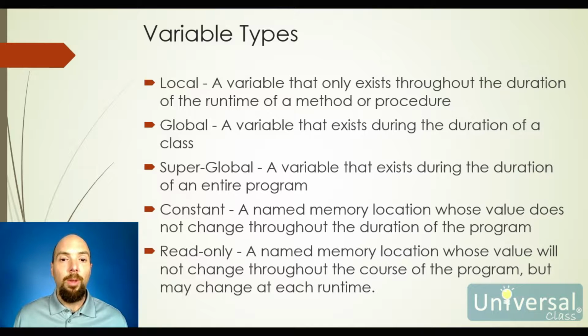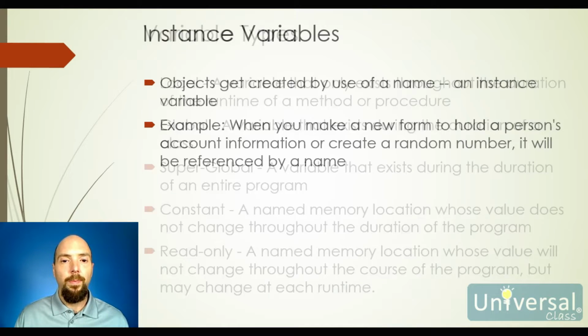But the next time that we run the program, there's a possibility that that value changes. So a constant, when I build the executable, will never change. A read-only, when I run the executable, will not change until I quit the program and start it again.